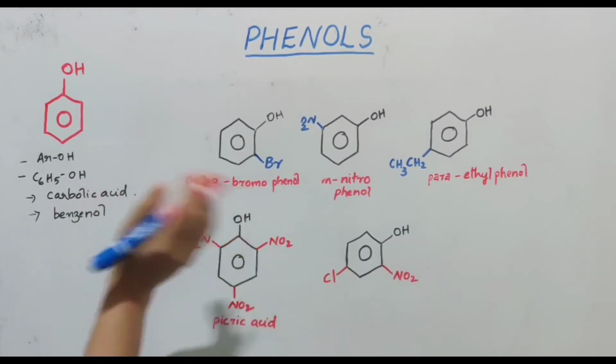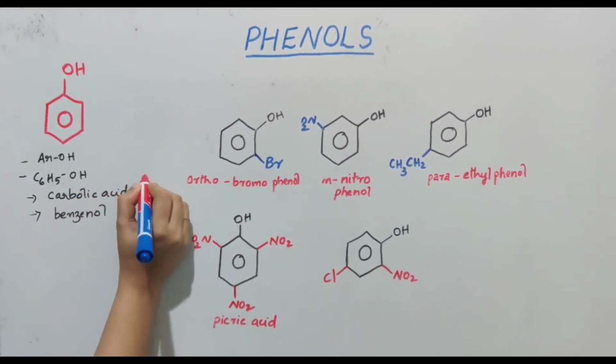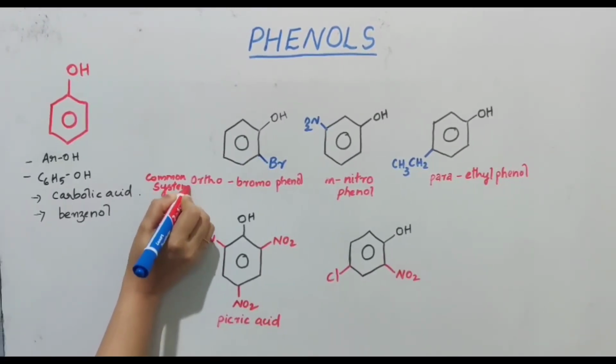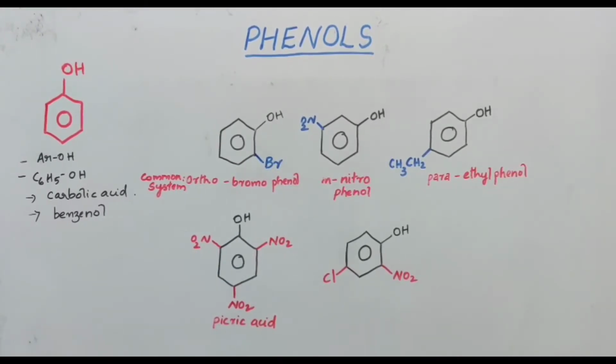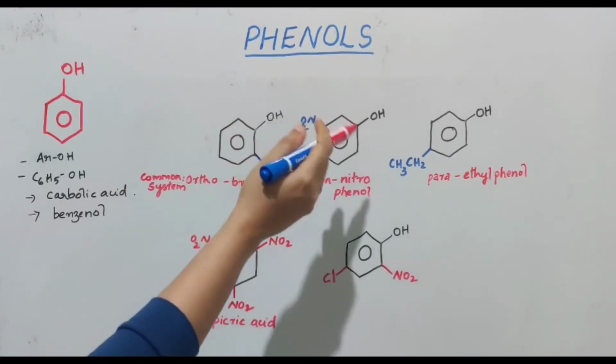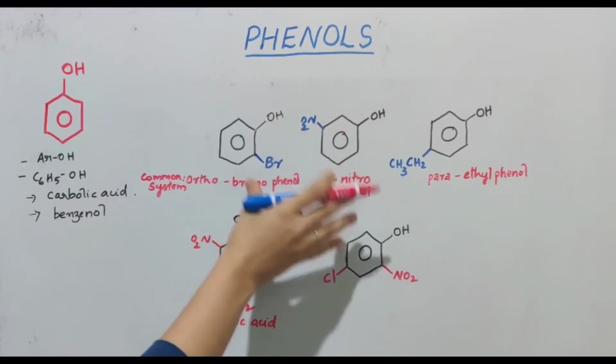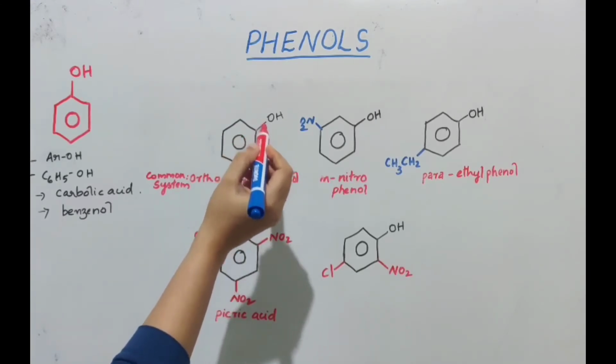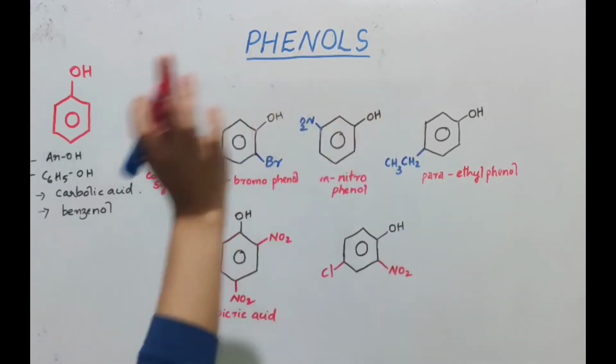This type of nomenclature is used in the common system. But in the IUPAC nomenclature, the substituent position relative to the OH group is mentioned by 2, 3 or 4.